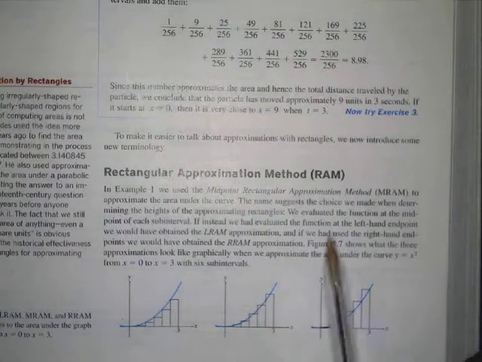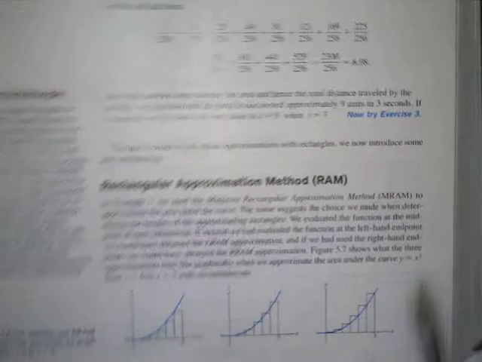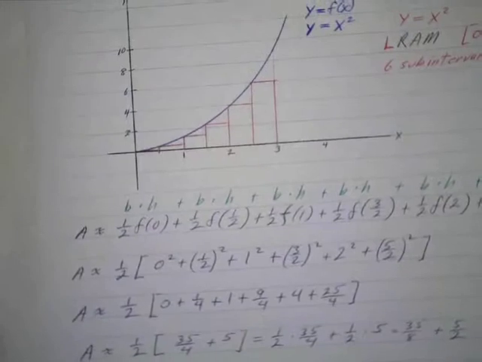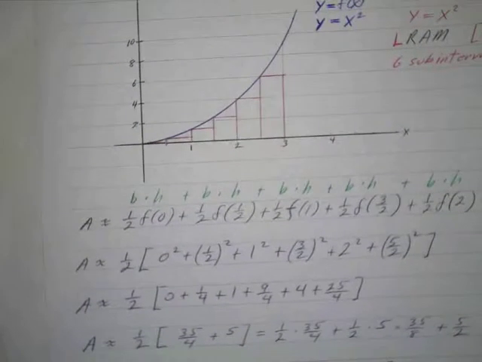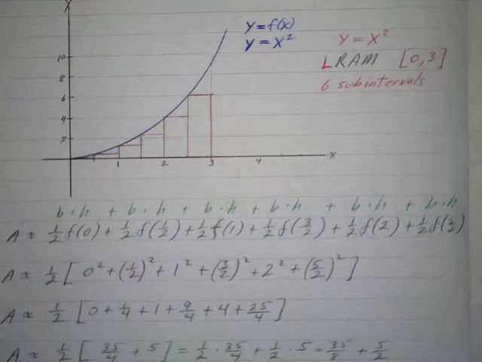This is called RAM, and we're going to use fewer subintervals, so it's a little easier to deal with. We'll try LRAM first. I think that's what they did first, and they did some of the calculations, which you'll see on page 266.